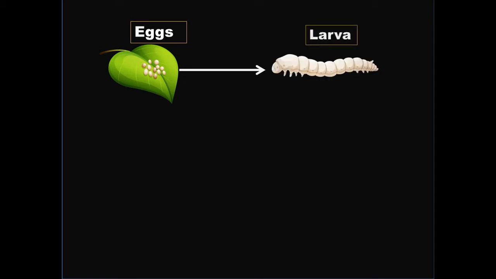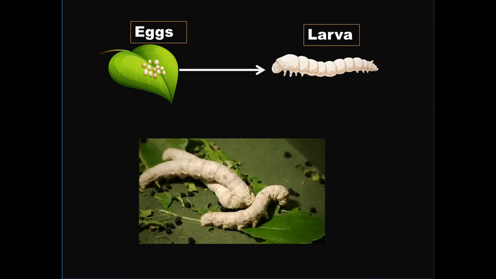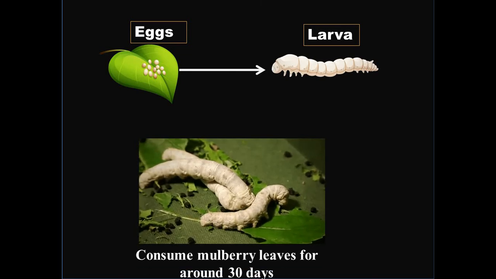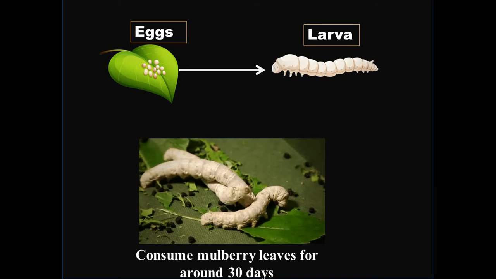Now, the eggs after few days hatch out into hairy larvae, and in this stage the growth occurs. They feed on the mulberry leaves and consume a large amount of these leaves for around 30 days before going to the next stage. And do you know, this stage has a scientific name too, which is called instar.